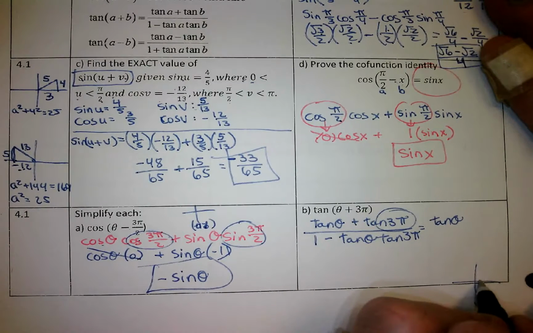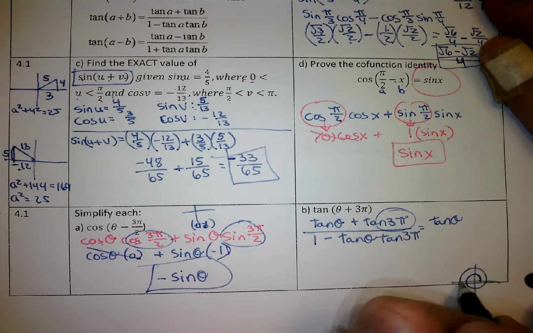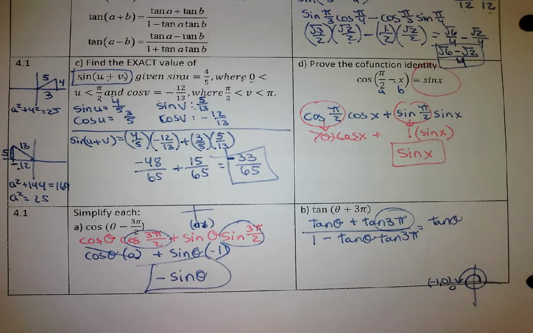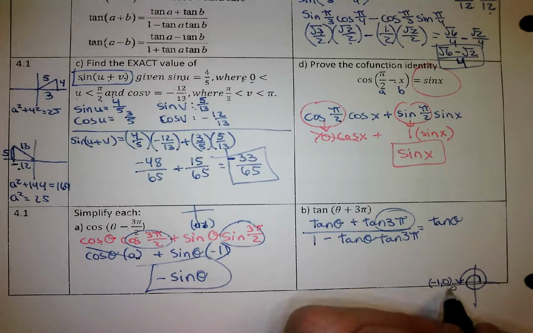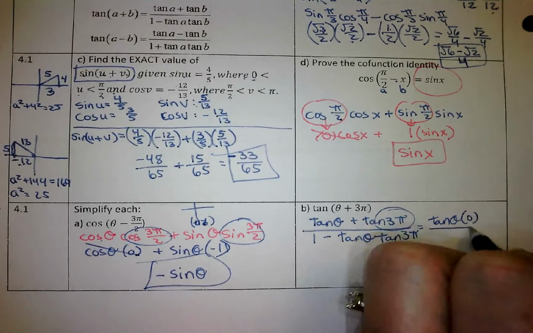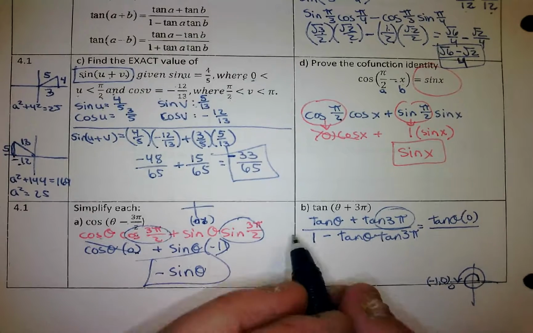This is 0, pi, 2 pi, 3 pi. So this is going to be negative 1, 0, so our tangent here is 0, because it's our sine over our cosine. So times 0. And then we're going to have 1, oh, that's plus 0, see?